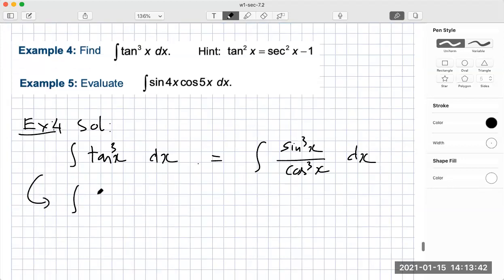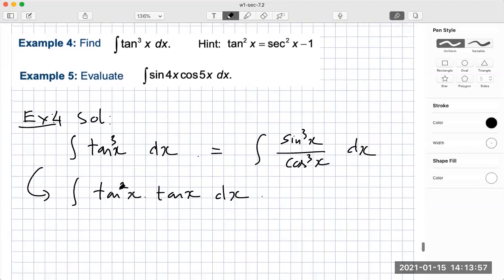Okay, let us try. So if we write it as tan squared x times tan x here, right? Let us see. Okay, what do we have? Then tan squared, we may be able to write it as this guy, right?